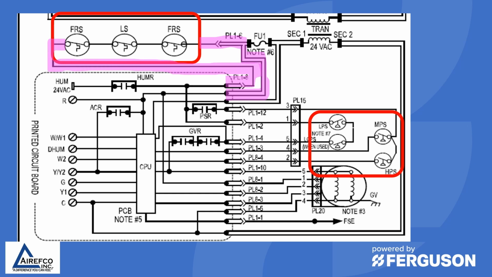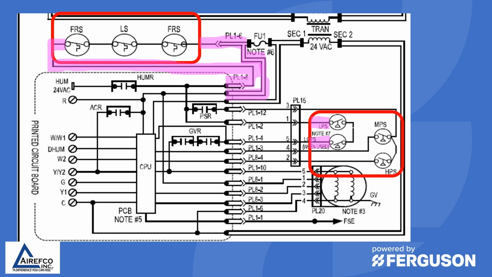So what you need to do in a case like that is, instead of checking the continuity of the switch, you need to go back to the place where the safety circuit enters the board and check and see if the circuit is closed at that point.